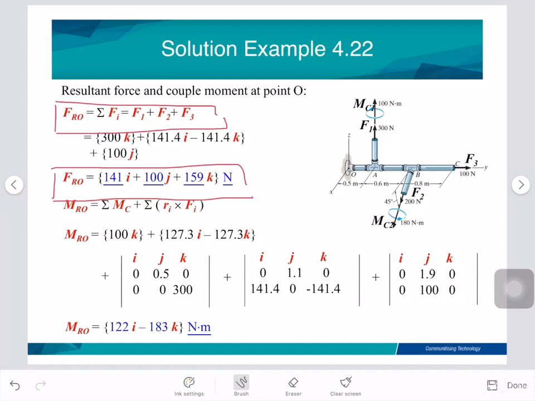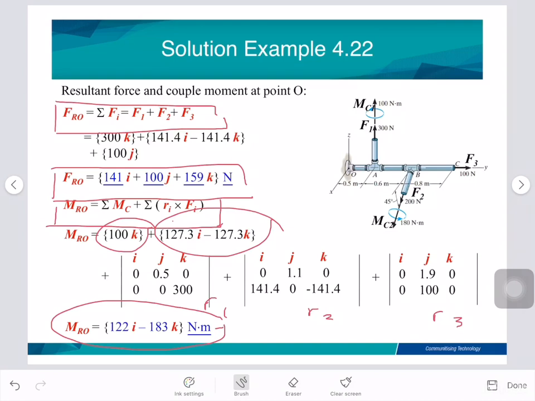Then to determine the moment resultant, we have the summation of moment couples plus the summation of R cross F. Here we have the summation of moment couples, this one is M1, this one is M2. This is the R cross F: this one is R1, this one is R2, this one is R3. After you solve, you can determine this answer.